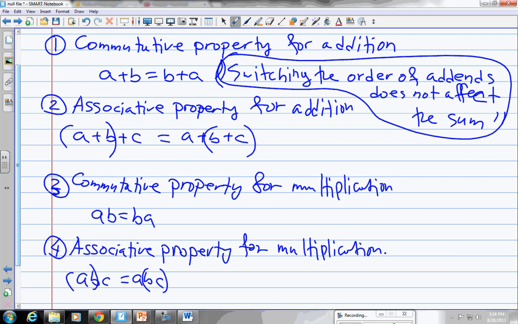This is hard. Actually, it took me a while to recover the word addends, because you don't hear it very often. You hear the word factors, right? Switching the order of factors doesn't affect the product. Okay, I think that's the only one I had strength to verbalize, and I just gave up on that one. Because how do you verbalize parentheses?